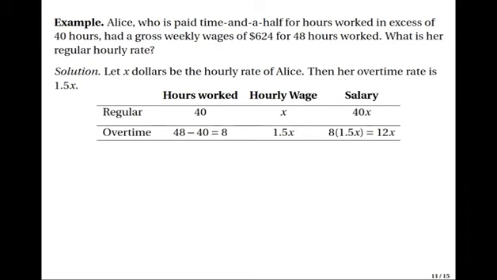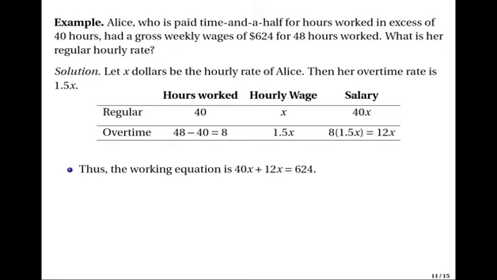So 8 times 1.5x, that's 12x contribution to the salary. Therefore, all this amount should be equal to 624. If you add them, you have 40x plus 12x equal to 624. 624 is the total amount received for working 48 hours.